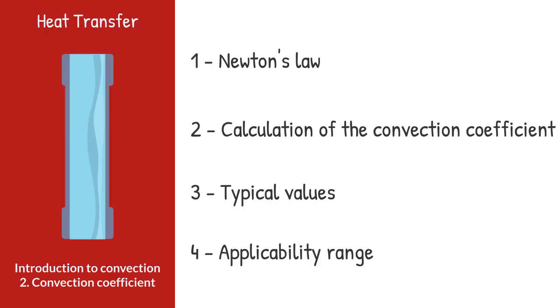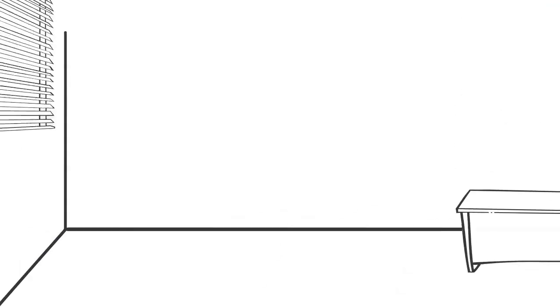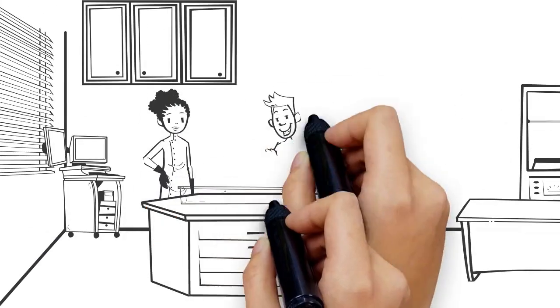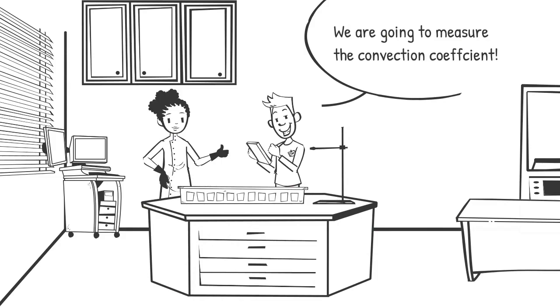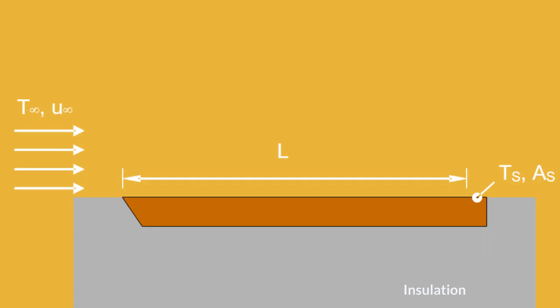We are going to delve into the calculation of the convection coefficients in different flow configurations. The first thing to do would be to find experimental values. For example, what will be the coefficient of convection on an electrically heated flat plate?